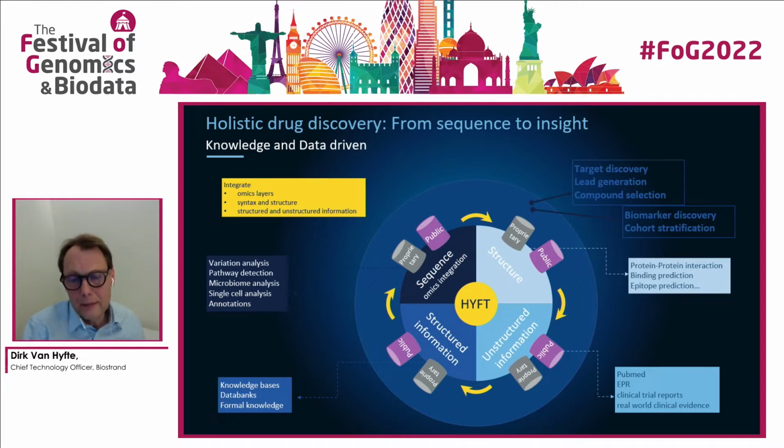On the other hand, we also add structural 3D information and even physical-chemical properties to that data. And that data can come from proprietary data, but also public open source data. Especially here, we can use this knowledge to look for protein-protein interactions or binding predictions, epitope predictions, and so on.